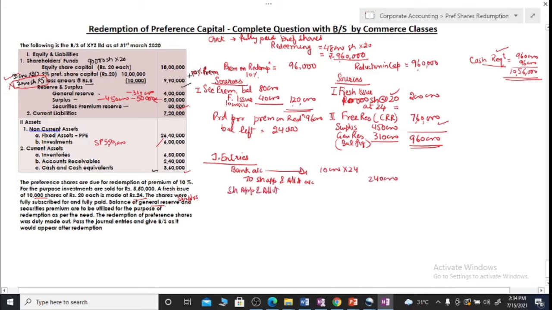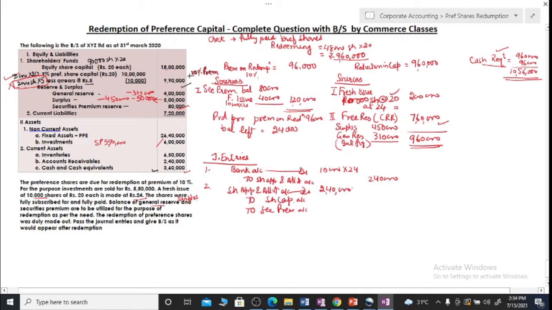So share application and allotment account debit to share capital. It has to be equity capital because nothing is given. To securities premium. When we are passing entries, we have to be logical. It cannot be that we are mugging up something and then giving the recordings by rote.